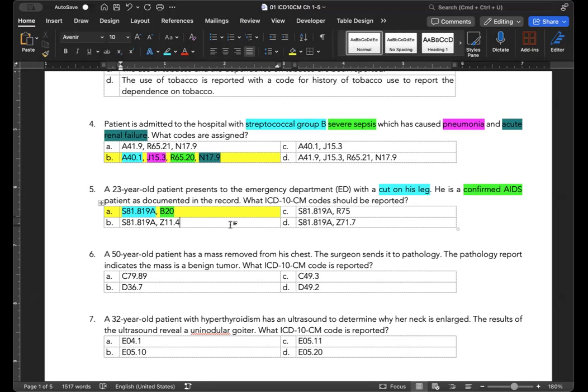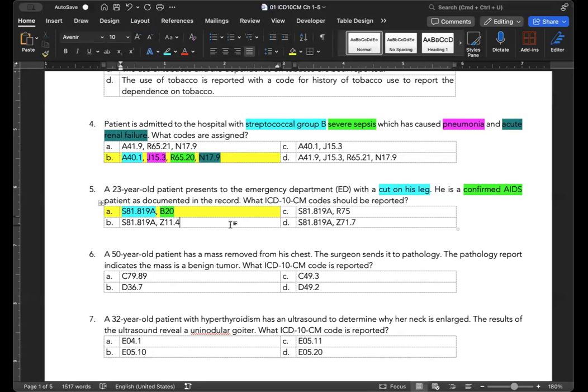Your letter A, the very first section underneath chapter 19, after the first two full paragraphs, you have a seventh character A sentence. It says your seventh character A initial encounter is used for each encounter where the patient is receiving active treatment. So even though it's an initial encounter, it does not mean the first encounter. It just means active treatment.